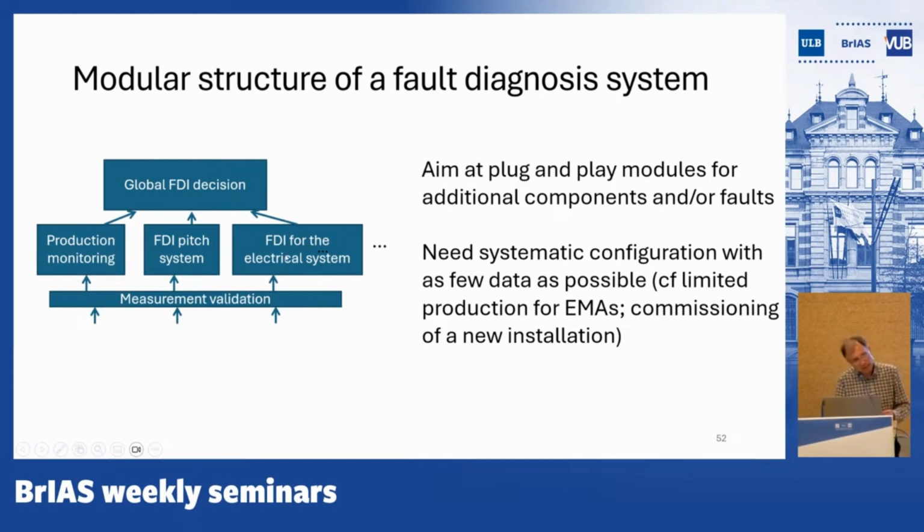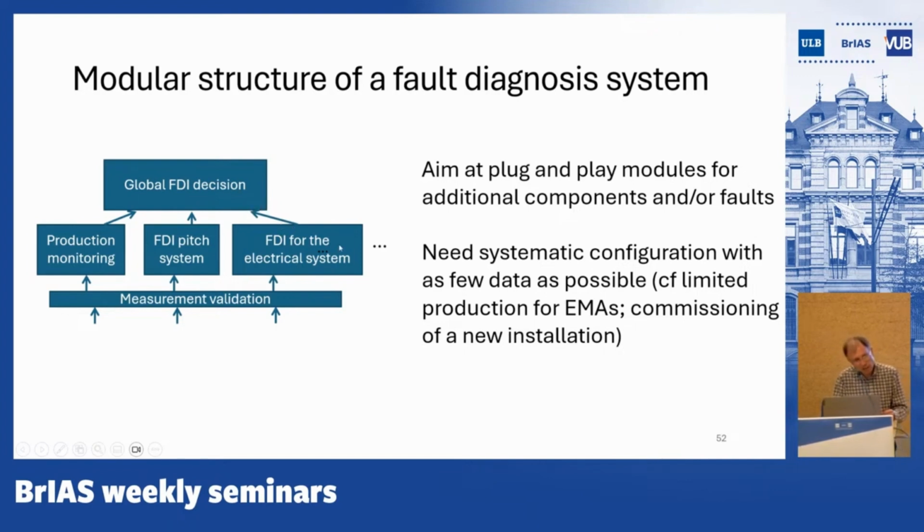And as some of these blocks might be sensitive to the same faults, there is also a need for gathering the information issued by these blocks inside a global fault diagnosis system.